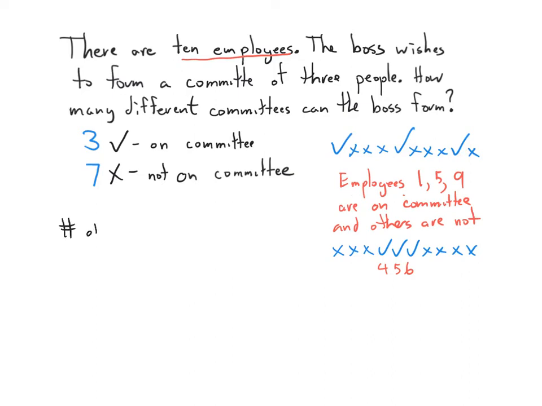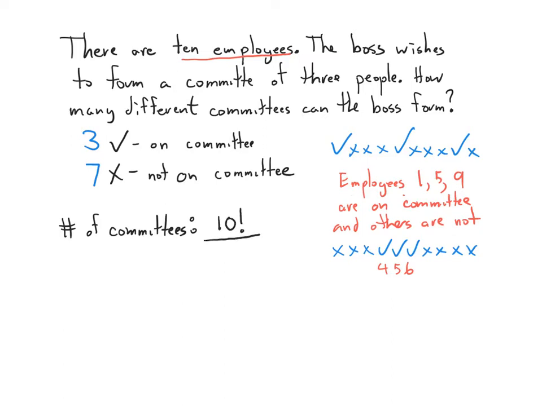So let's write down number of committees. And to count these, it's simply the number of symbols, factorial. So actually we can write down 10, since we know how many symbols there are. There are 10 symbols, so 10 factorial.